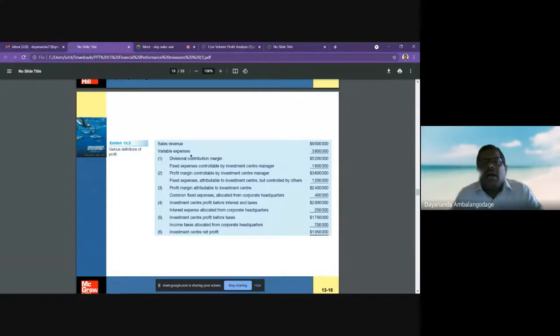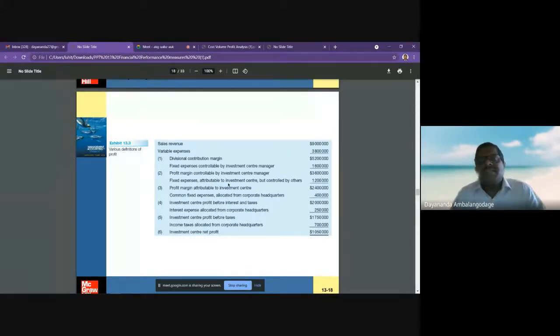So sales revenue minus variable expenses, you get divisional contribution margin. Then you can deduct fixed expenses controllable by the investment center manager. These are the fixed expenses in your branch which are controllable to you. Then you get the profit margin controllable by the investment center manager.